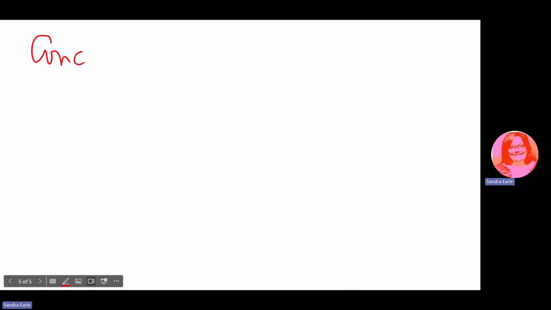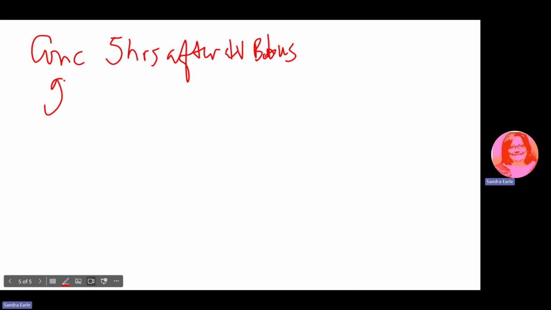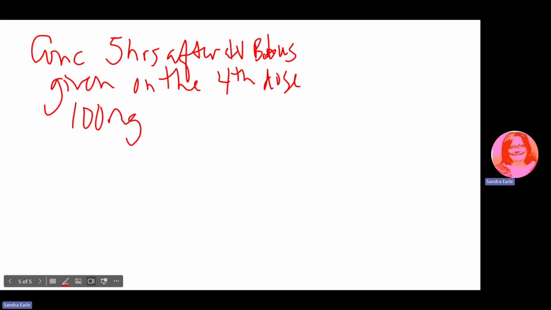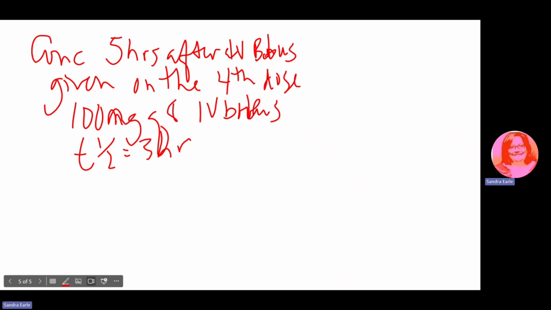Your patient's going to go to surgery and you want to know the concentration 5 hours after the IV bolus given on the 4th dose when you're giving 100 milligrams Q8 IV bolus, and your half-life is 3 hours, and your volume is 5 liters. Just making up numbers. Do I have everything I need? We'll probably figure that out, won't we?